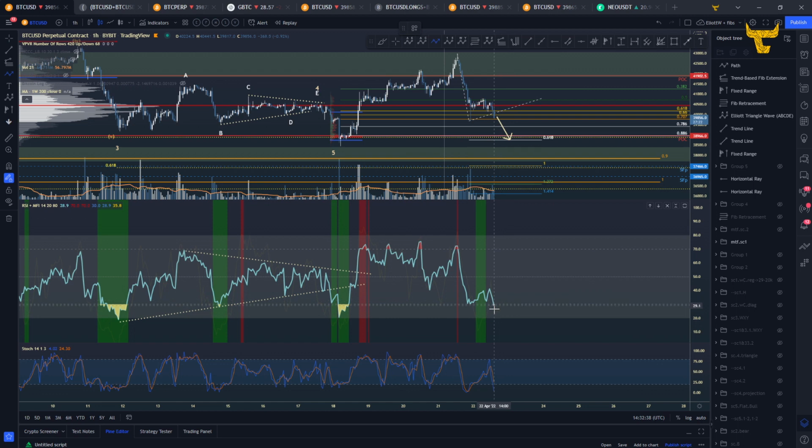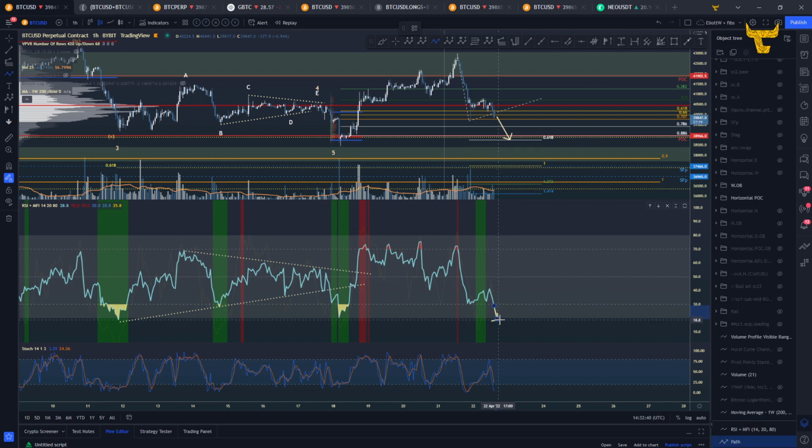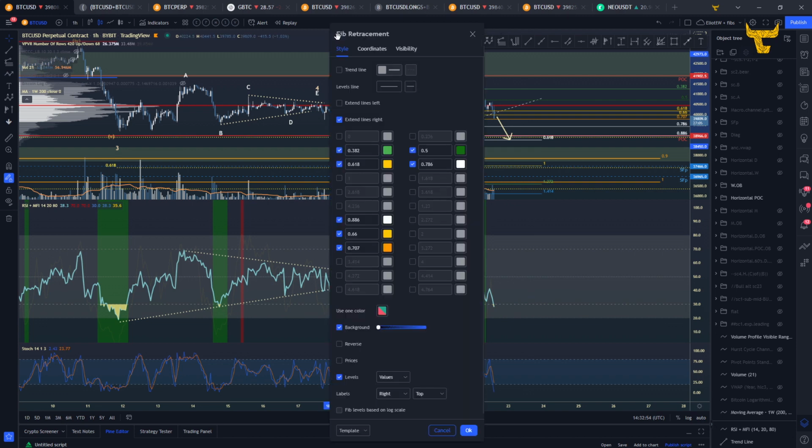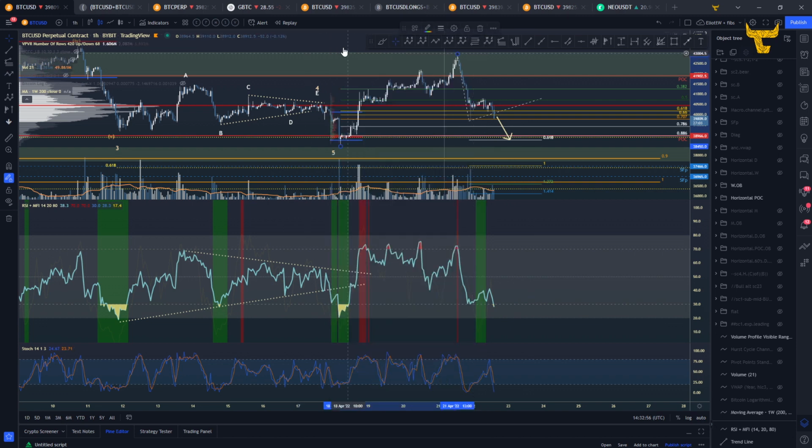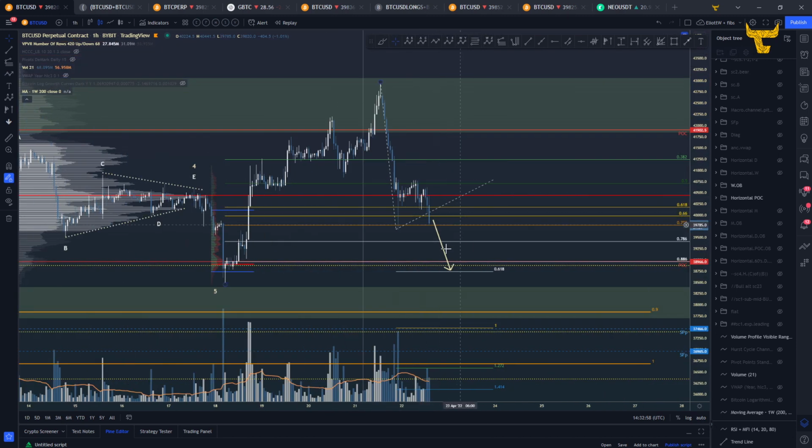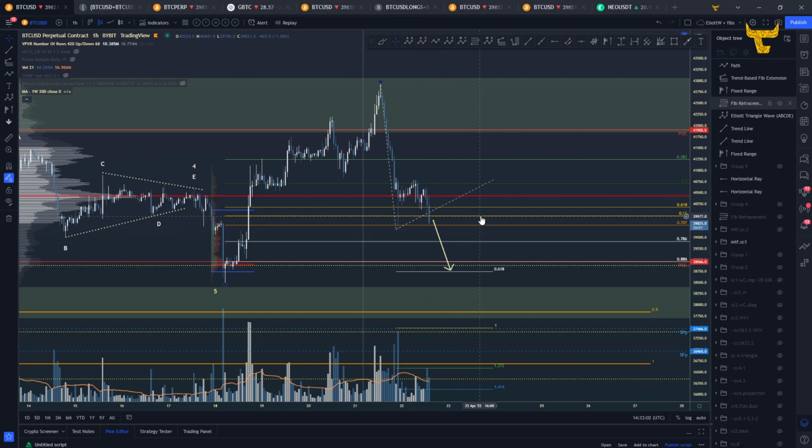Now if we continue down, we could be reaching oversold here, seeing a bounce for the sub wave 4, and then wave 5. Building a divergence, then we could be seeing again a nice bounce for potentially targeting the golden pocket.